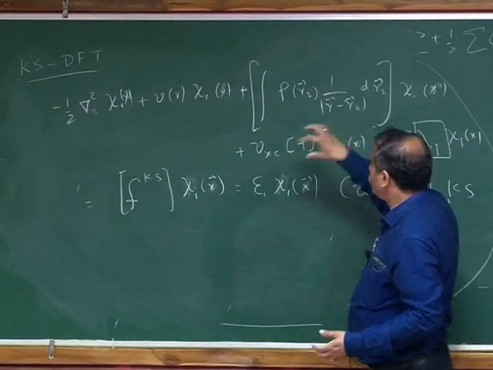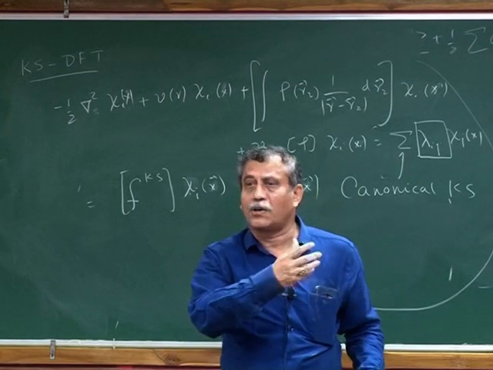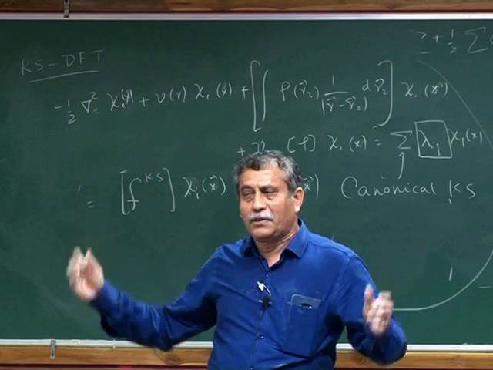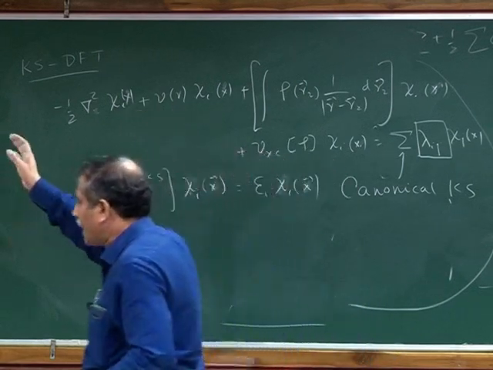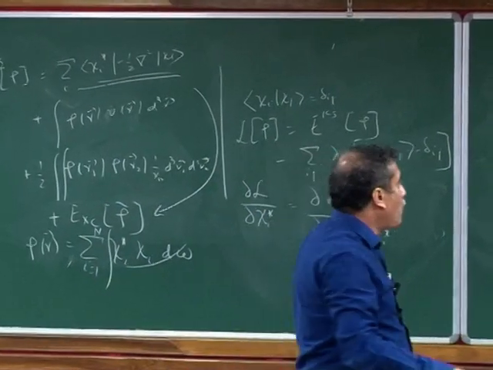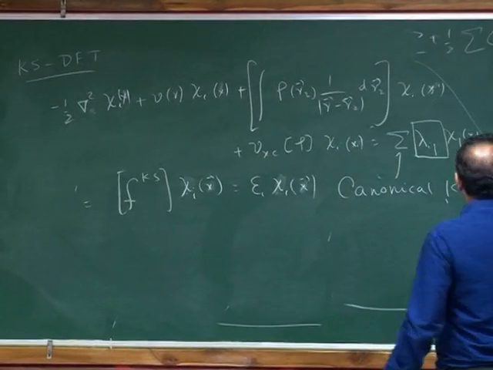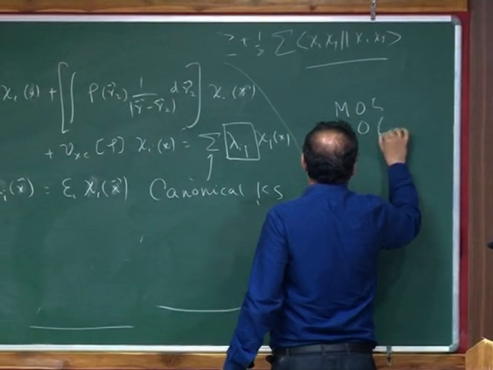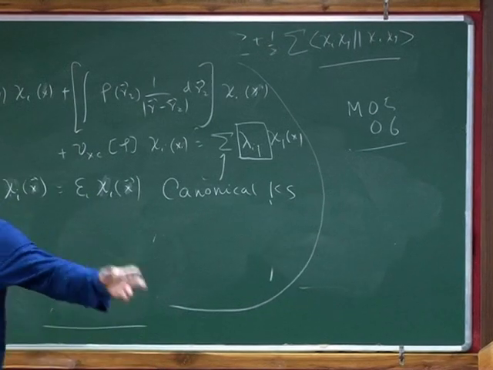All we had to do is to shove in this Vxc of rho, and then people started talking of all kinds of functionals. From the 80s till today, people are looking at how to do long-range interaction, non-bonding interaction, all kinds of things. And today some very big functionals have come, called the Minnesota functionals. Many people have heard of M05, M06, etc., by Don Truhlar, and there are so many.